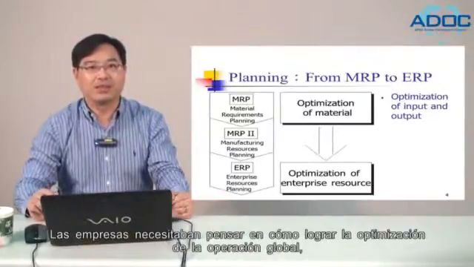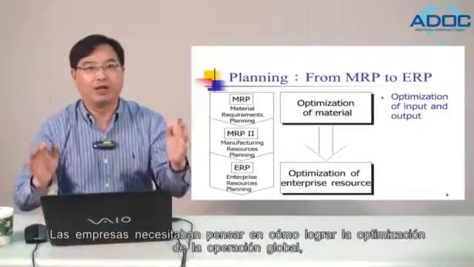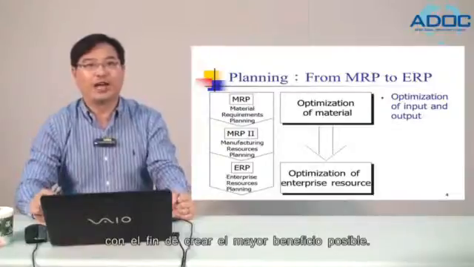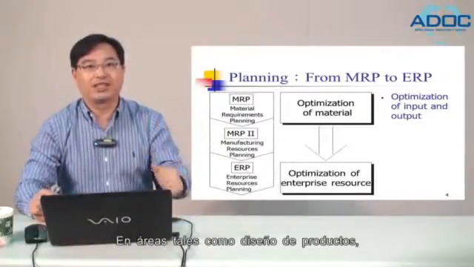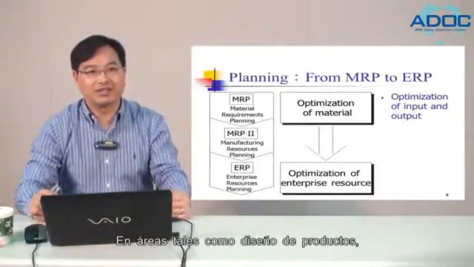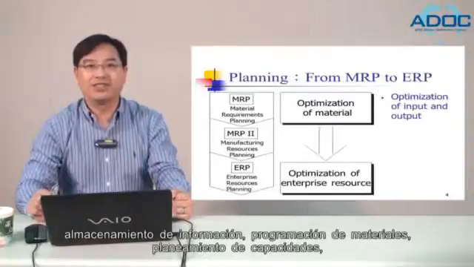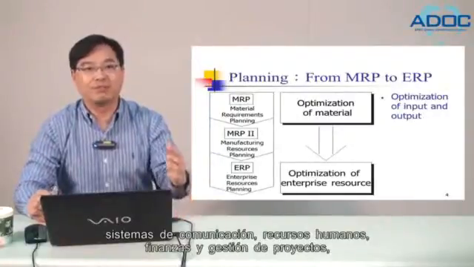Companies need to think about how to achieve the optimization of the overall operation in order to create the largest profit. Areas such as product design, information warehousing, materials planning, capacity planning, communication systems, human resource, finance, and project management.